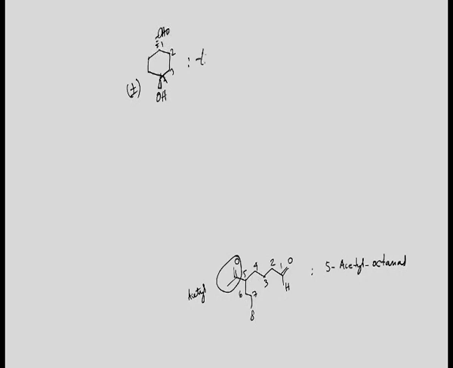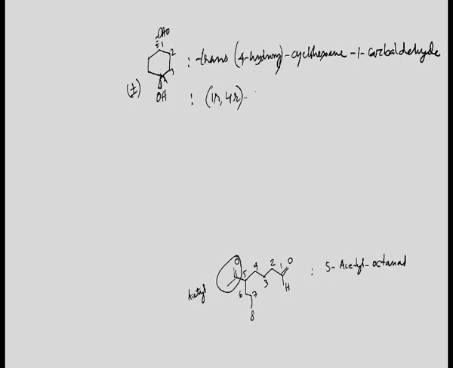So, trans 4 hydroxy cyclohexane, and at one position the aldehyde group is there. So, 1 carbaldehyde. And if this is only the chiral form, then you have to tell this stereochemistry will come 1 R, 4 R, like this, same thing, 4 hydroxy.